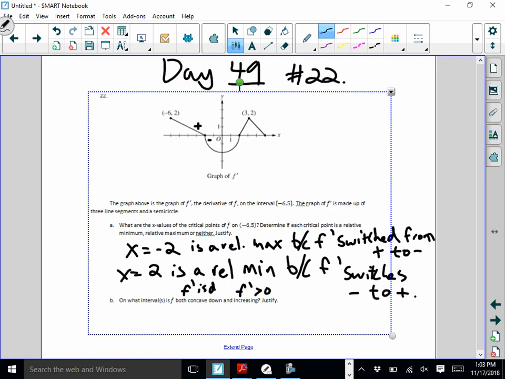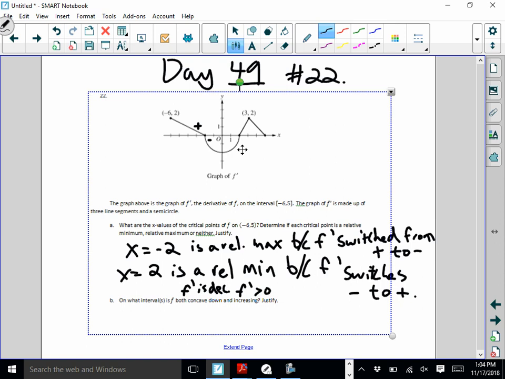So just looking at the parts of the graph that are above the x-axis, where is f prime decreasing? Well, the whole left side is, right? From -6 to -2, f prime is both greater than 0 and going down. I will also have that same stretch from 3 to 5.